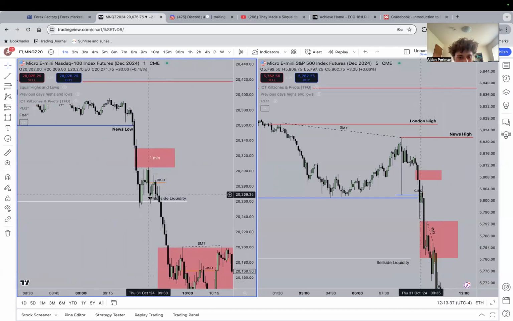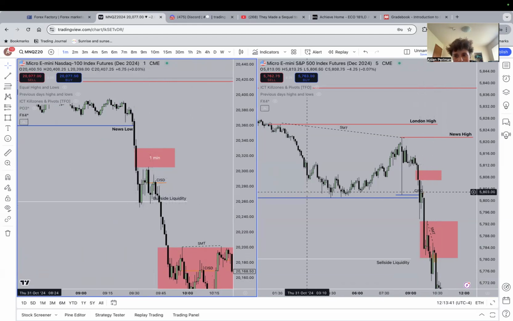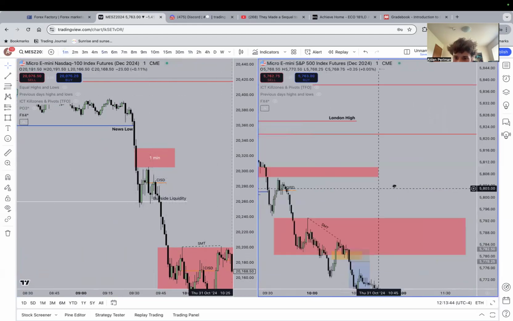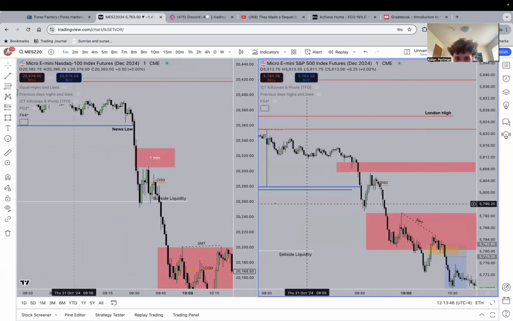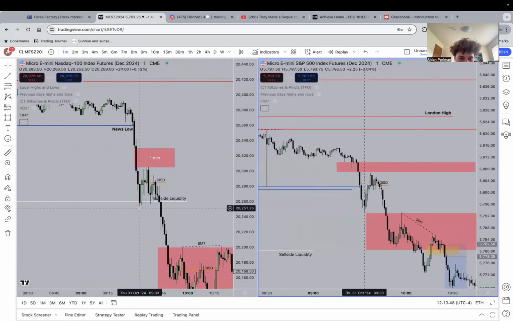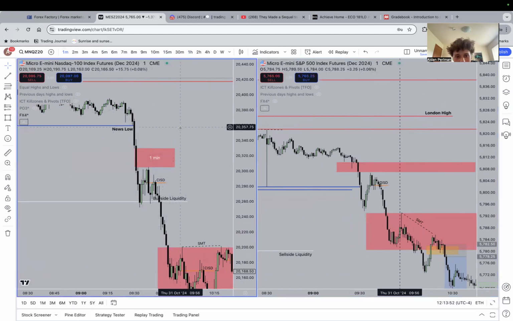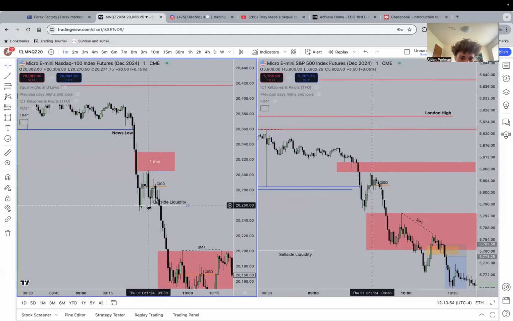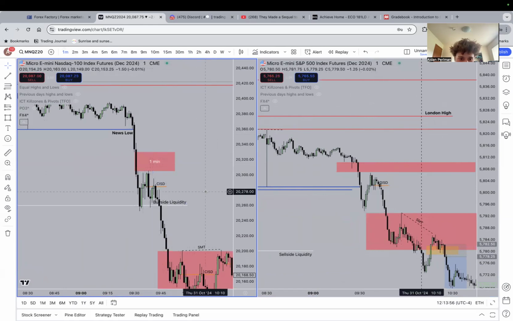After this downward displacement, honestly, since we swept it with just one leg, I was kind of seeing this as a manipulation or a stop pump before we go back up to start the buy model. That did not happen.